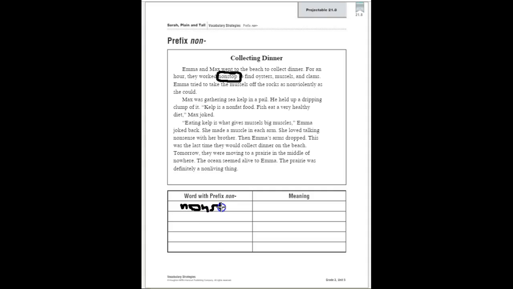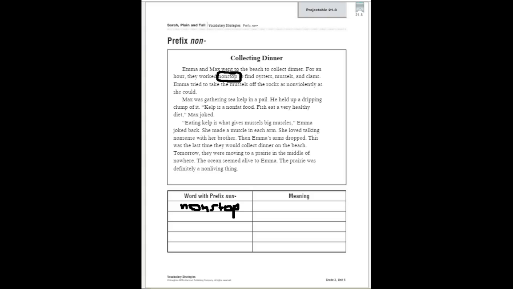So we would write non-stop, which you can't see because this is projectable, and Miss Kelly is doing a terrible job of trying to make this look decent. All right, hopefully you can read that. Non-stop is our word, and we know that non means not, so the meaning of this word would be not stopping, right? They worked not stopping. They didn't stop at all to find their oysters, mussels, and clams.